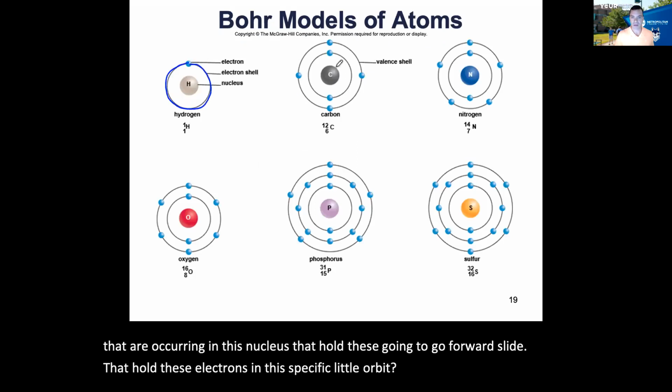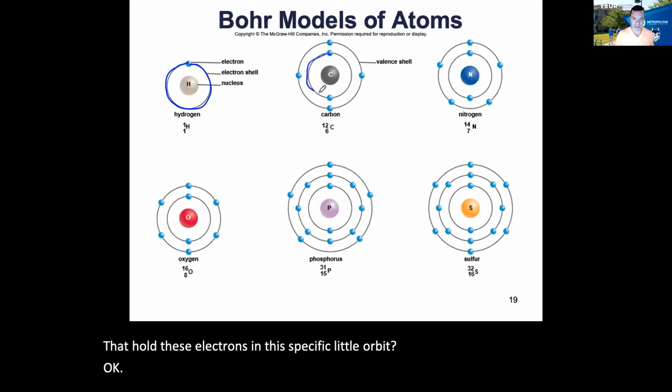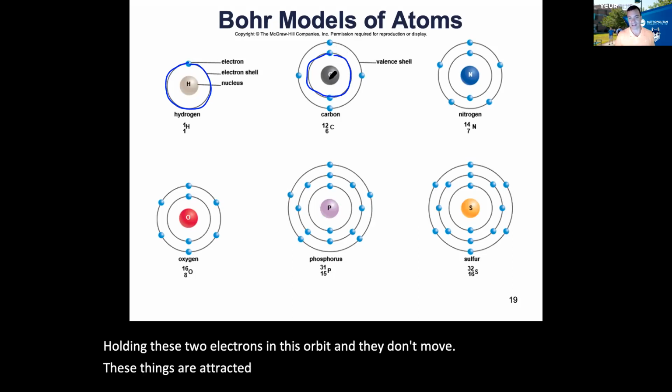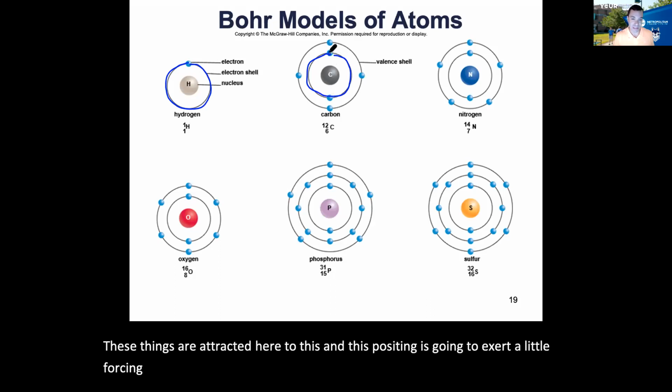I'm going to go forward a slide, or two. Holding these two electrons in this orbit, and they don't move. These things are attracted to this, and this positive thing is going to exert a little force and keep these little bitty nuggets of electrons right there.